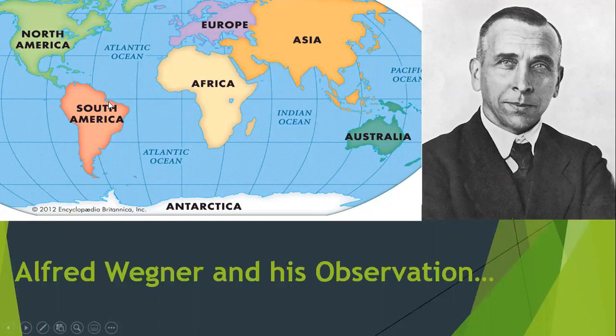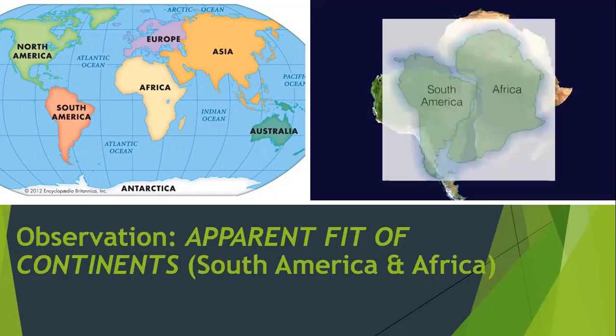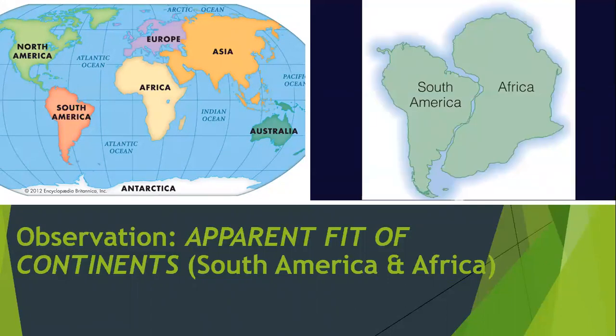These continents look as if they fit inside each other. Can you see here? This is Africa here, and this is South America here. If I take these two continents and put them close together, they look as if they fit inside each other, right? How perfectly they are fitting inside each other.